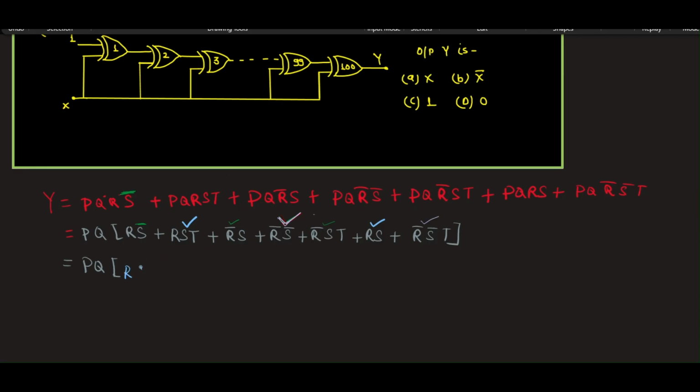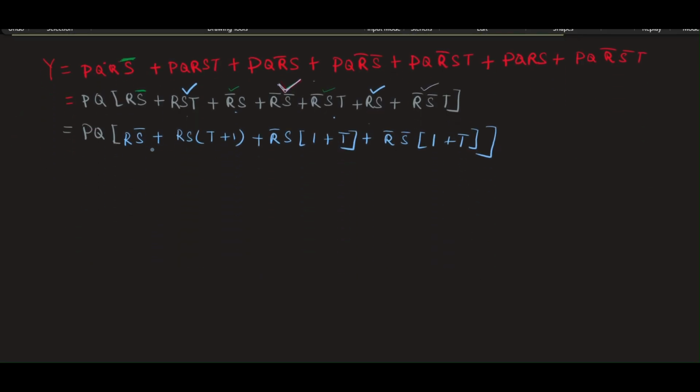So you will get here R S bar and R S times T plus 1 from these two. And R bar S is common, taking common from these two, I'm getting 1 plus T, and then taking R bar S bar common, you will get 1 plus T, right? So 1 plus T will become 1 in all these three cases. Then you will be getting PQ times R S bar plus RS plus R bar S plus R bar S bar.